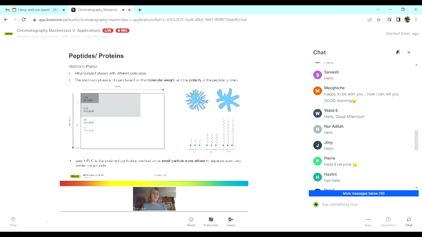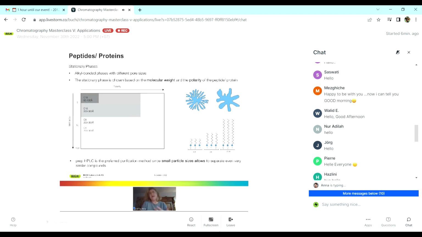Let's start with the molecular weight. Very small peptides and proteins you can purify with standard C18 pore sizes between 60 and 100 angstrom, which you see here on the picture. Now, as soon as your compound is bigger than 5 kilodalton, you have to go for bigger pore sizes, because only then can the compound enter the pores and use the surface.